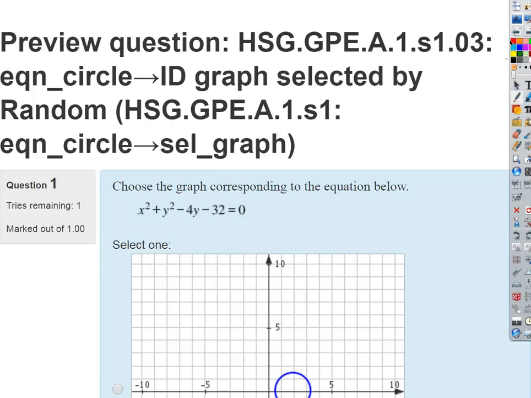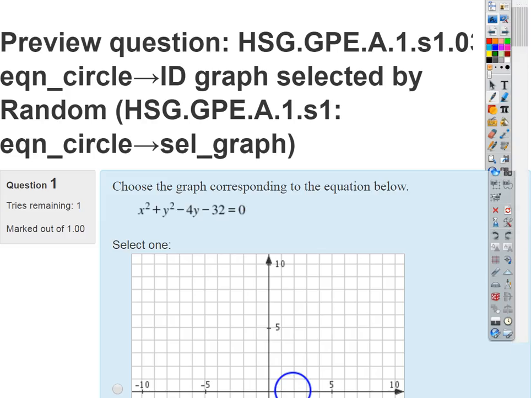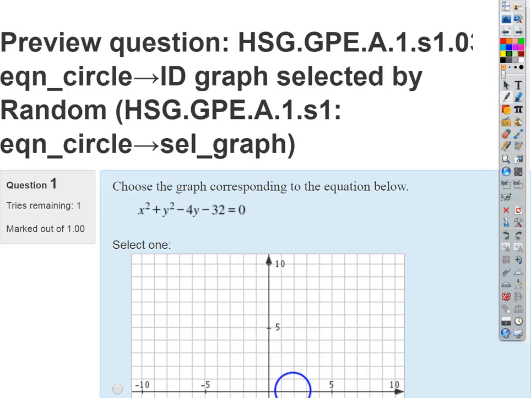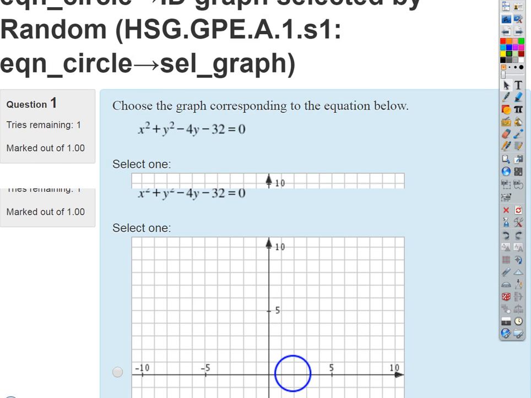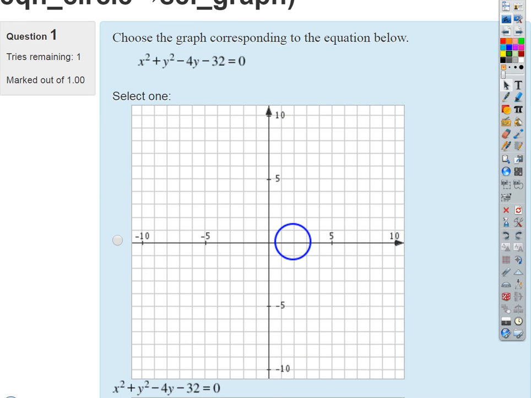Okay, and then last one is just an example of one where we're trying to find the graph of this equation for a circle. And so this is just the stuff we've been doing. We're just going to identify the values of h and k and r by putting the equation in standard form, and then pick the circle that corresponds to those values.